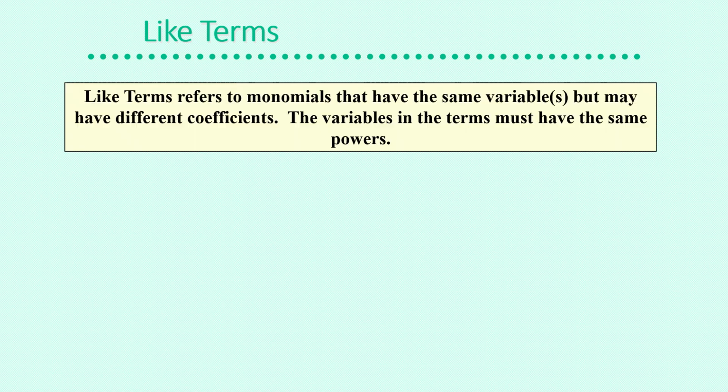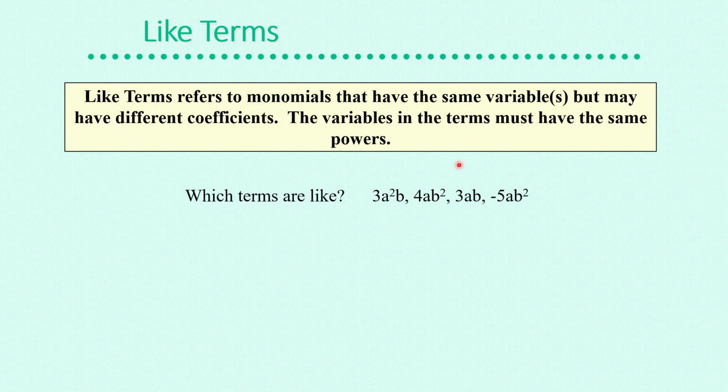Okay, let's have now like terms. When we say like terms, it refers to the monomials that have the same variables, but may have different coefficients. The variables in the terms must have the same powers, which are like monomials.